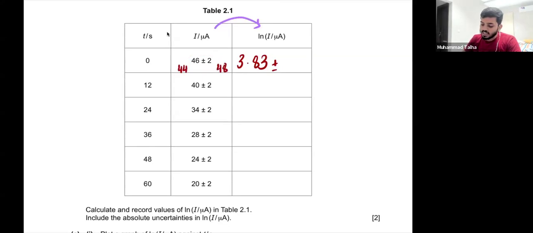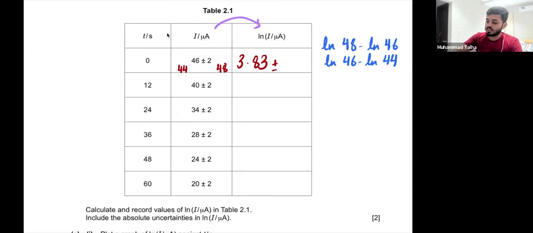So for the uncertainty, you can do the max value, ln 48, minus the average, the principal value, ln 46. Or you could also do the average value minus the minimum value, right? And both of these will turn out to be the same. They're not exactly going to be the same, but to the accuracy that you want to write it, they will be the same.